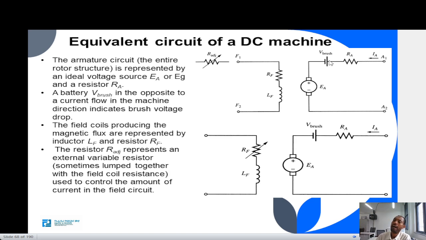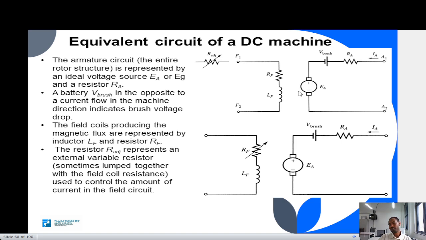Therefore, the armature as a whole is represented with armature winding resistance and induced voltage. Basically, this equivalent circuit of a DC machine comes from the Thevenin equivalent circuit of the armature. Thevenin equivalent circuit, I think you remember from your fundamental courses.